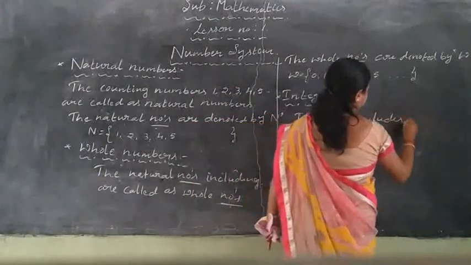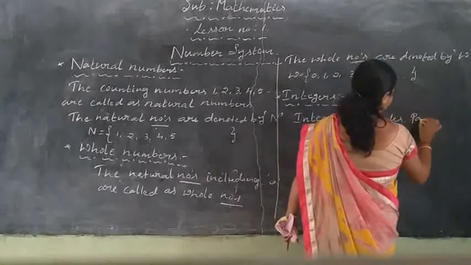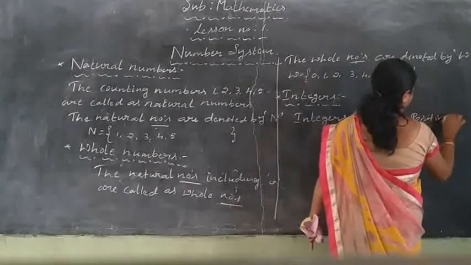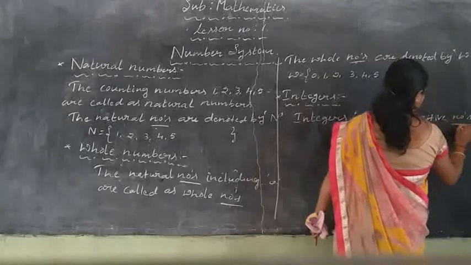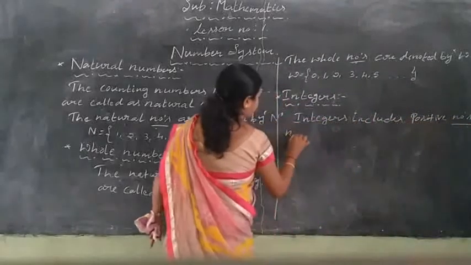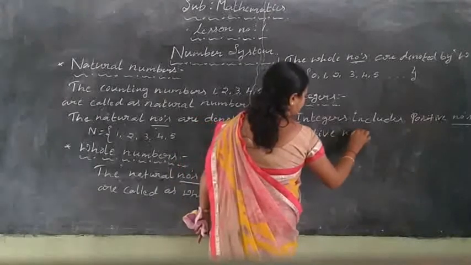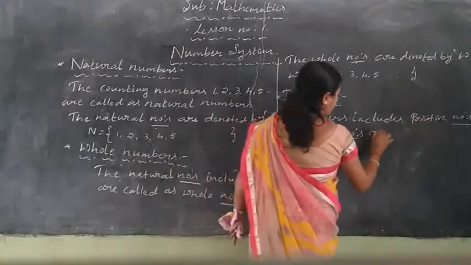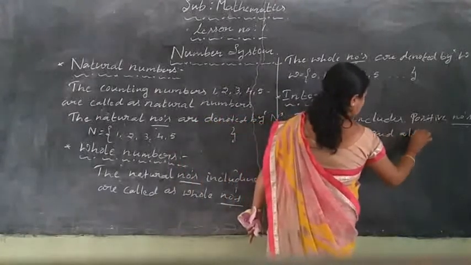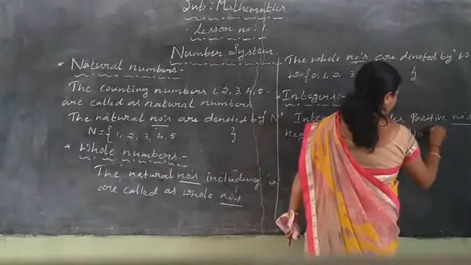So integers include positive numbers, negative numbers, and also zero.